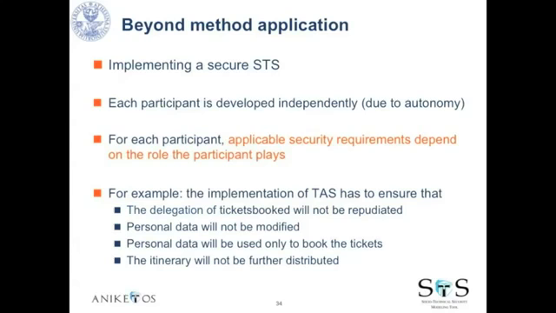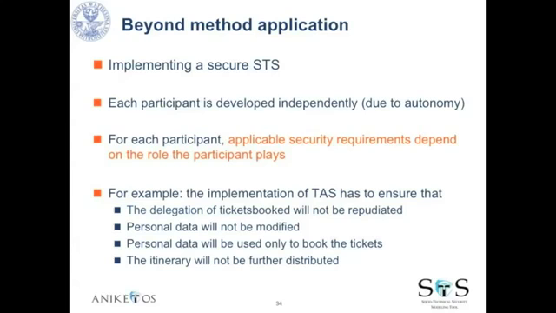When we are considering a system, each participant would be developed independently, and for each participant, the applicable security requirements depend on the role they will be playing or the role that they want to adopt. For instance, if we consider the travel agency service, then we would consider all the security requirements this travel agency service would have to bring about.